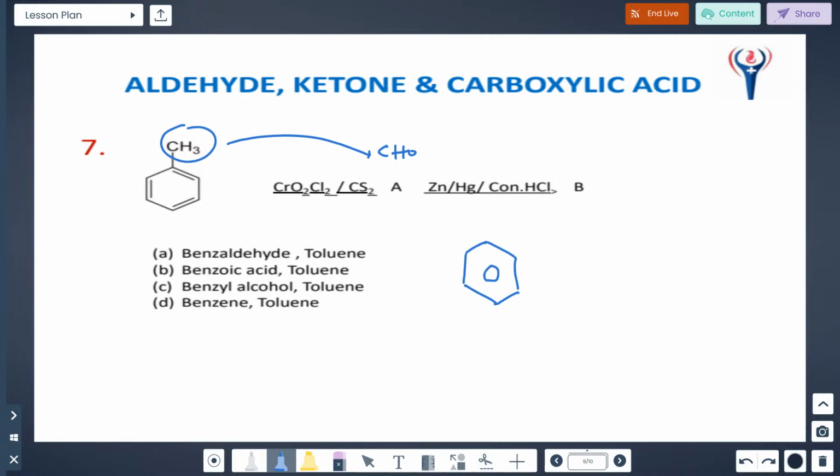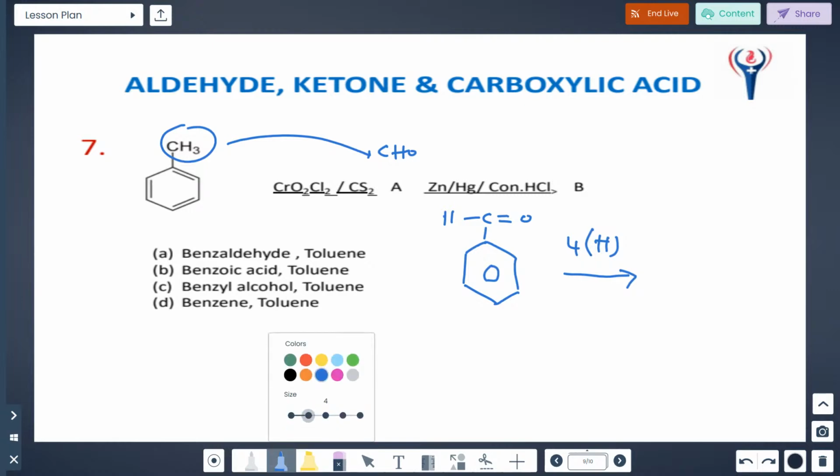Benzaldehyde, C double bond O. This is benzaldehyde. It's a Clemmensen reduction. If you put this reagent, it will supply 4 hydrogens. It's a Clemmensen reducing agent. See how we can split it, just remember like this.